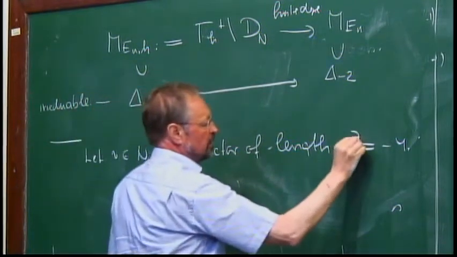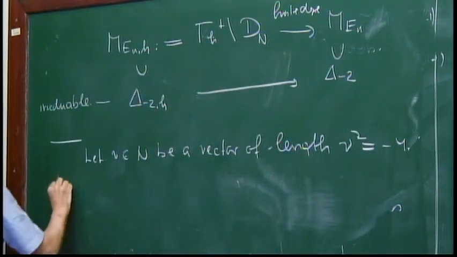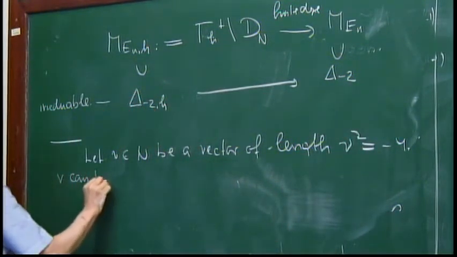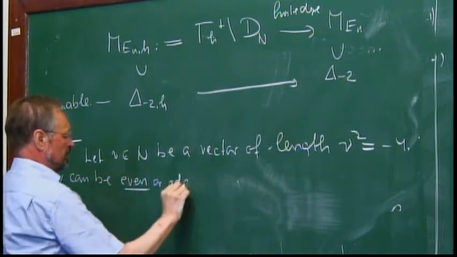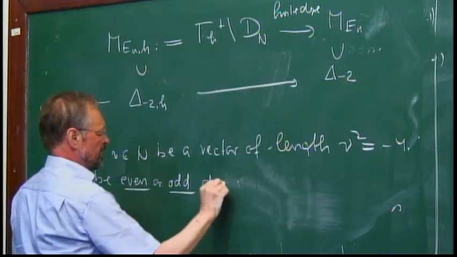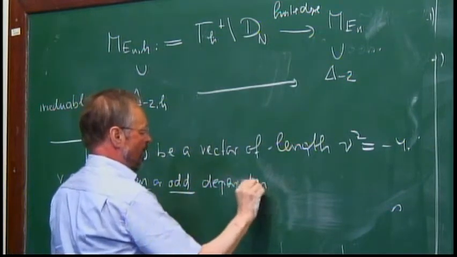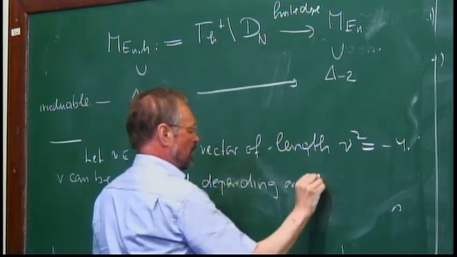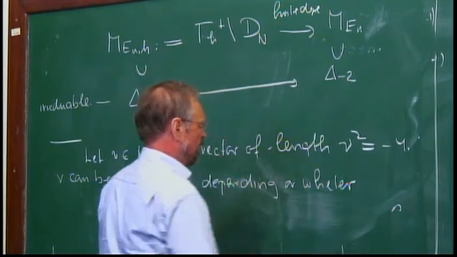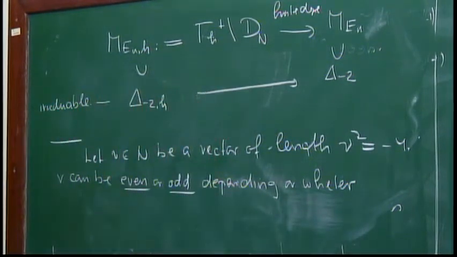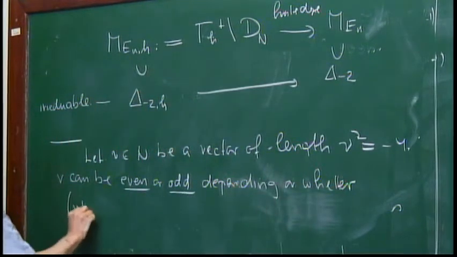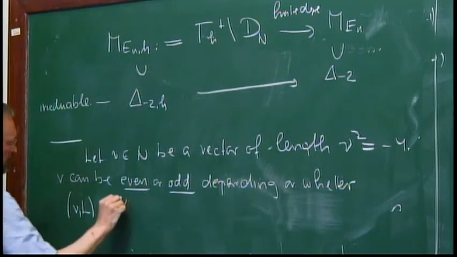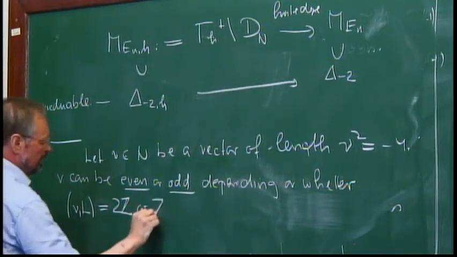Now these vectors can be even or odd depending on whether v·L is 2Z or Z.